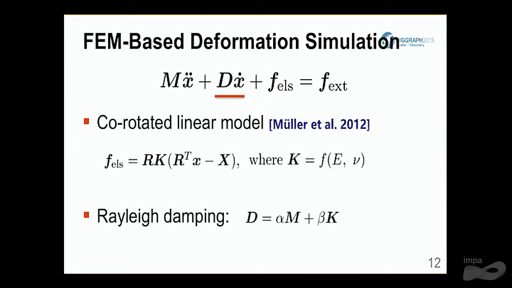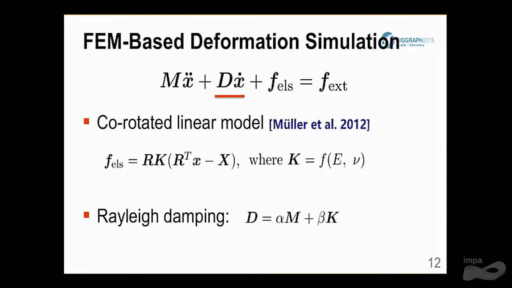And for the damping, everybody cheats by using this Rayleigh damping. You have the mass matrix and the stiffness matrix, and you have alpha M plus beta K, and you want to find alpha and beta, just two parameters.